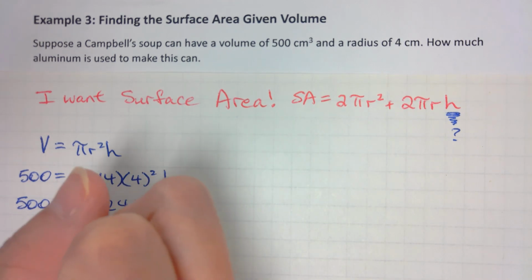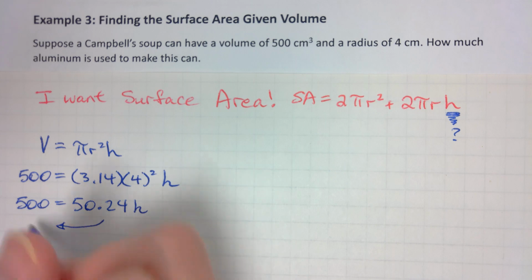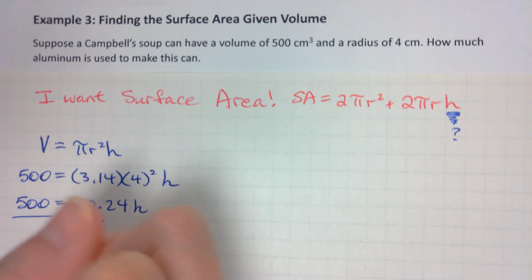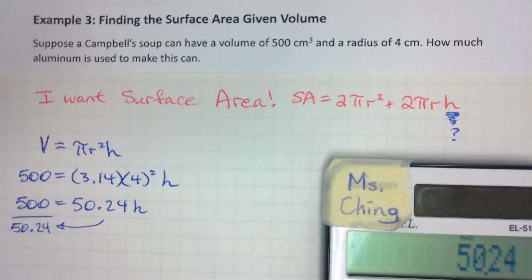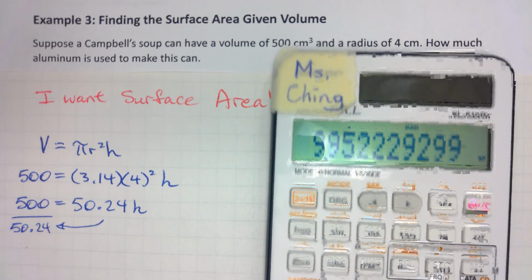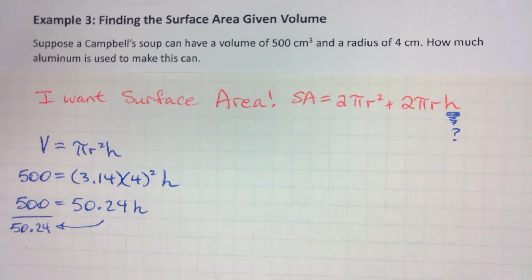Right, divide, because I'm multiplying here, so opposite is divide. 500 divided by 50.24. I get 9.95.